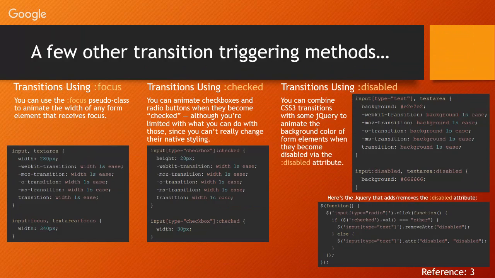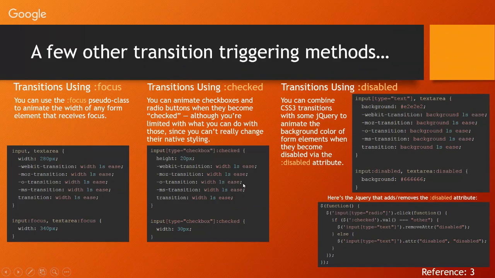So when a user clicks on something, you could have it kind of flash in and out or something, so that it would give them a visual confirmation that they have done what they thought they were going to do. Or there's also a disabled method where you combine CSS transitions with some jQuery to animate the background color of form elements when they become disabled via the disabled attribute. And here's an example of using the jQuery script to do that.